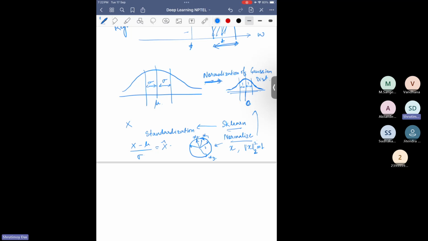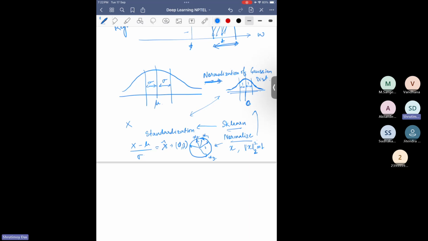This x bar will have zero mean and unit variance, which is similar to normalization of a Gaussian distribution. But the thing is that this x bar may not be a Gaussian distribution, just that your mean and variance are 0 and 1 basically.